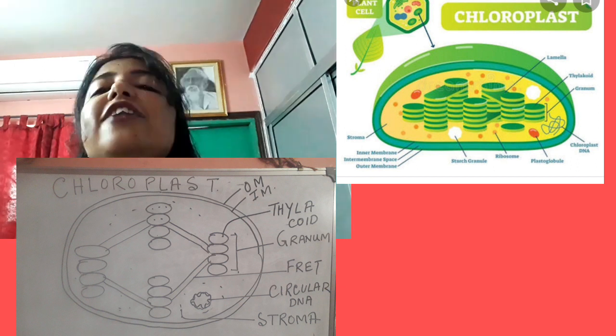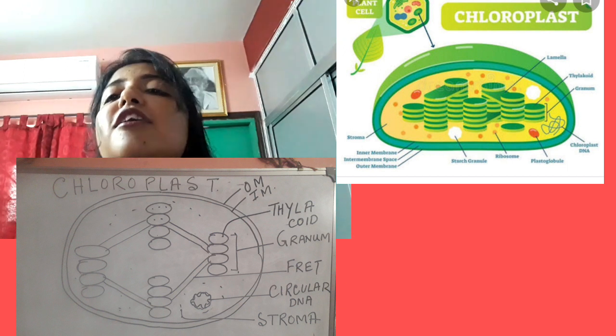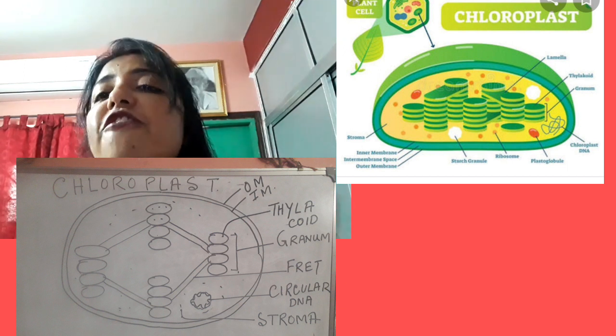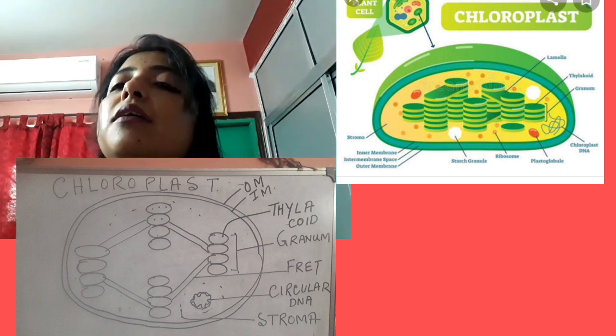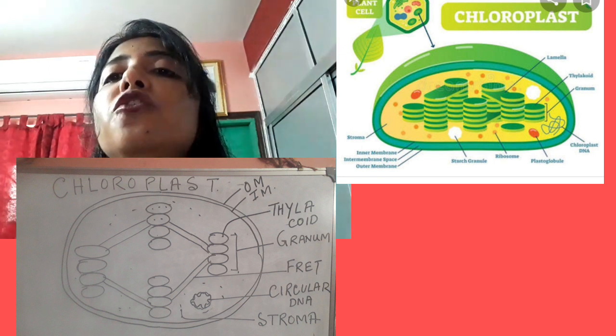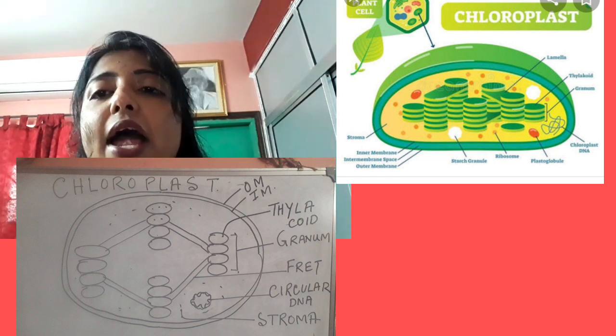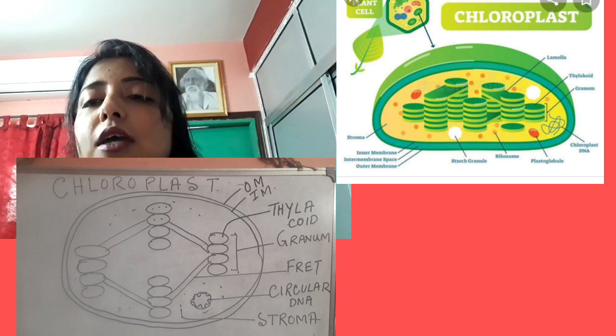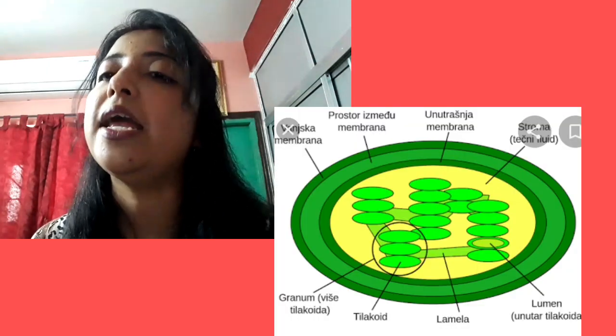In the case of the light phase, it happens by different sub-processes. First one happens by the activation of chlorophyll. Where is chlorophyll present? Chlorophyll is present on the walls of the thylakoid.